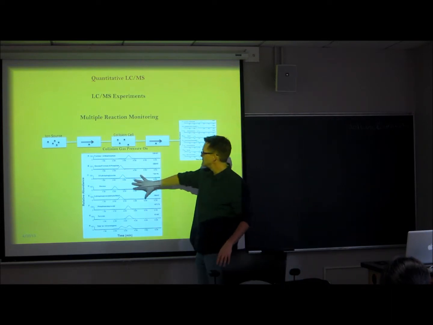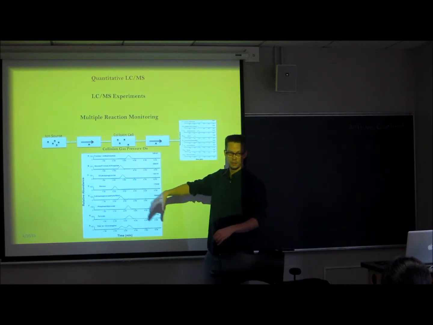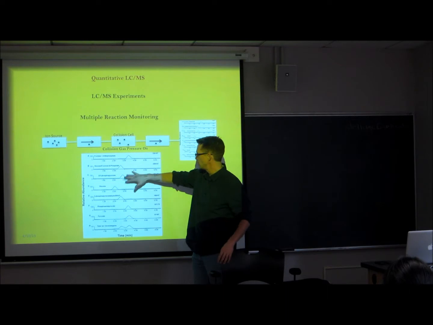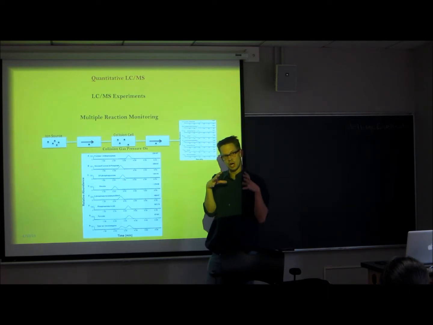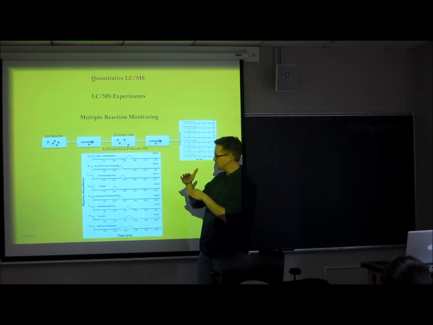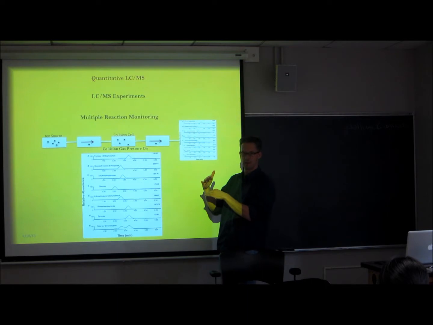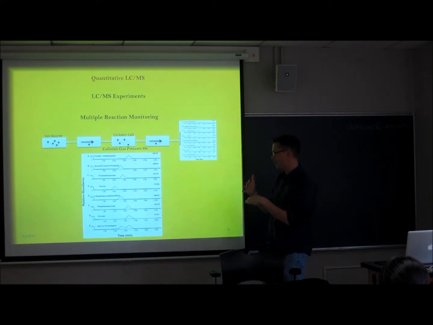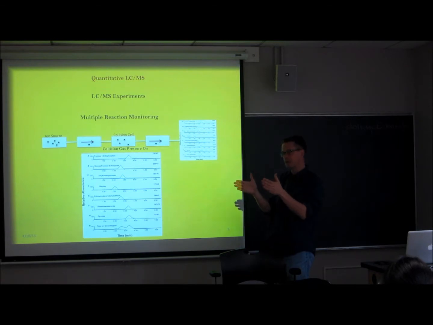The caveat there is that you may get some analyte suppression, which we'll talk about in a minute. When you have co-eluting compounds, there's only so much charge to go around in an electrospray ionization source. So if one is stealing the fire of the other, you might suppress that signal, and your sensitivity may decrease for a specific compound. In which case, you're going to want to optimize your chromatography to get those things separated.